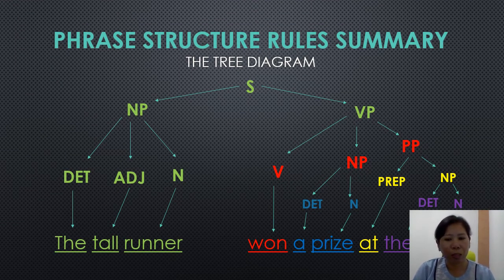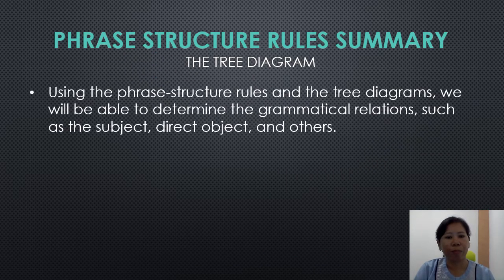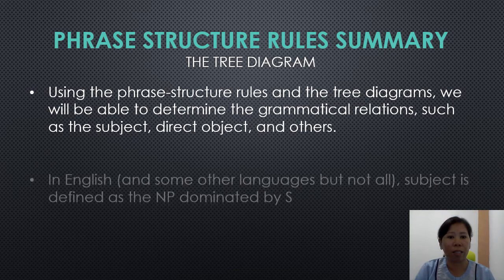Okay, so here is the tree diagram of that particular sentence. Now, the phrase structure rules are very important, especially in determining which one is the subject or the direct object in a sentence.